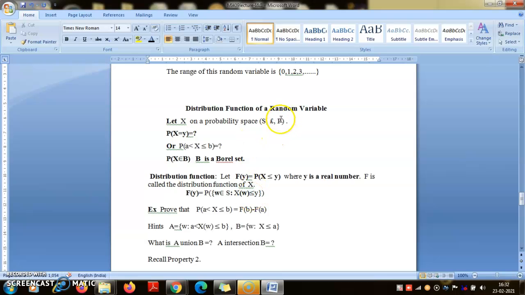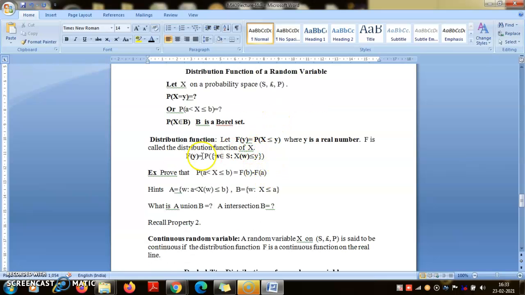Remember, X is a function defined on S, but P is a function defined on the collection of events F. So we can define this function, and it is called the distribution function. It gives the probability that the value of the random variable does not exceed the number y.